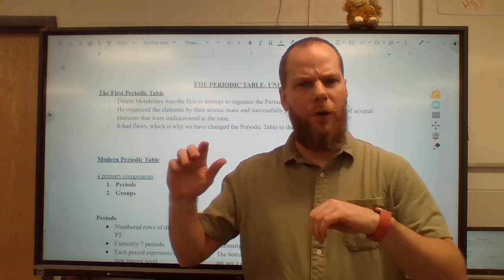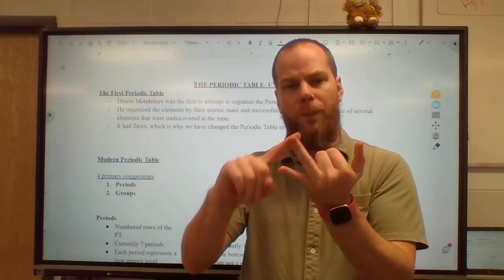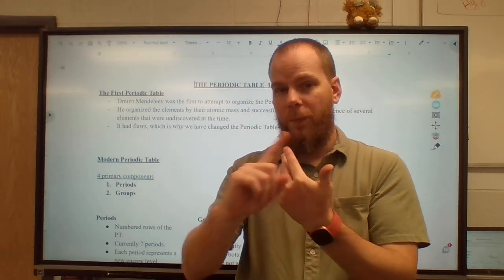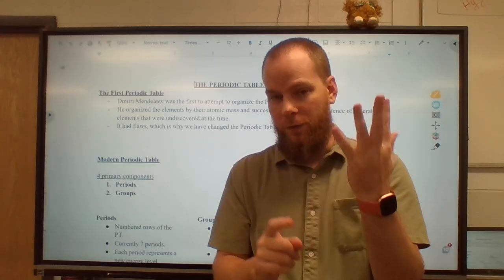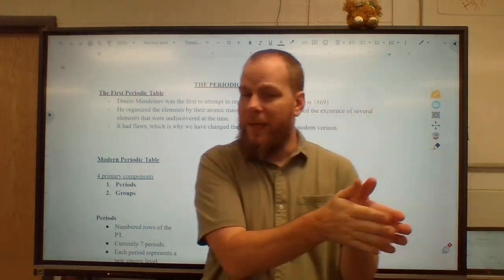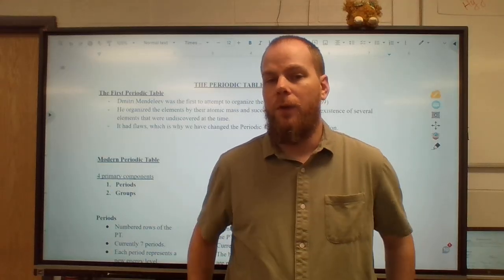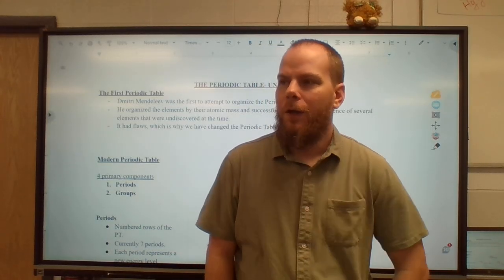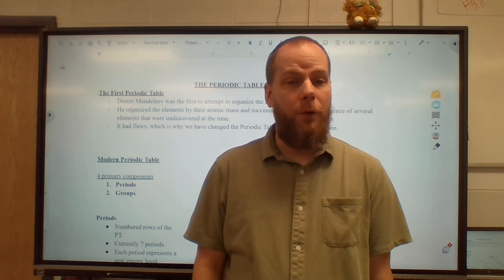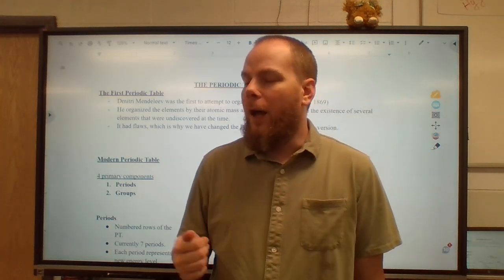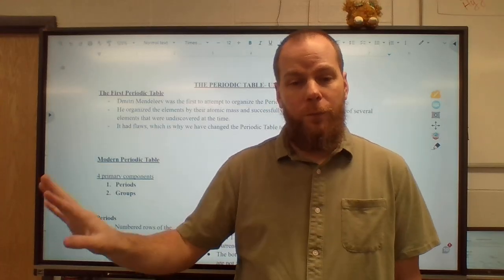And I do believe there are 6 things: groups, periods, blocks, cells, families, and classifications. So that's 6. And you're going to have to be able to tell me any of those 6 things. Now, cells isn't so much something I can test you over really easily, but atomic number and atomic mass is. So I guess 7. But that's all stuff we'll talk about in future videos.